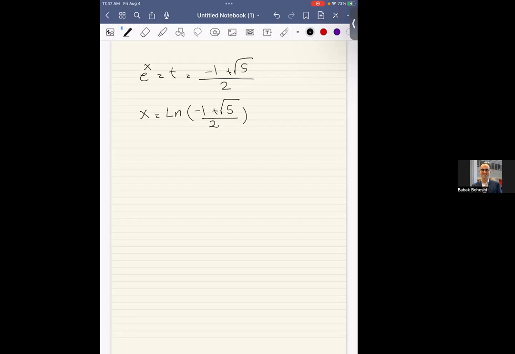Again, because here, these numbers are irrational. All of these numbers are irrational numbers. But you can use your calculator to find an estimate of this number.